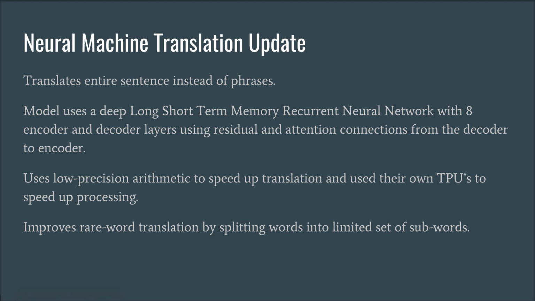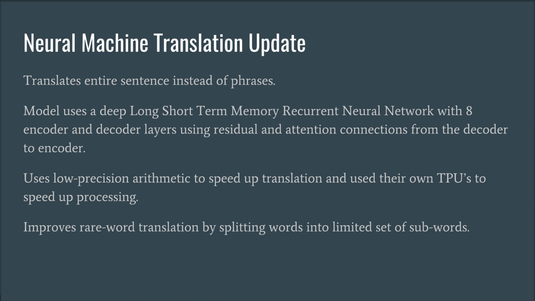So once they came out with the neural machine translation update, this does entire sentences instead of the phrases or words. Their model uses what's called a long short-term memory recurrent neural net, and it has 8 encoder and decoder layers using what's called an attention connection from the decoder to the encoder.